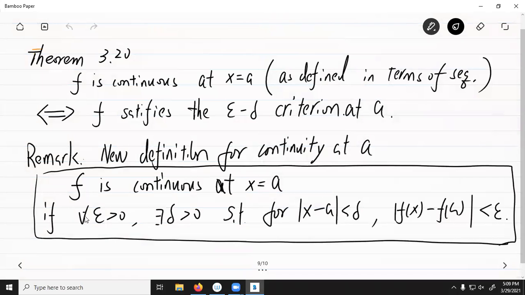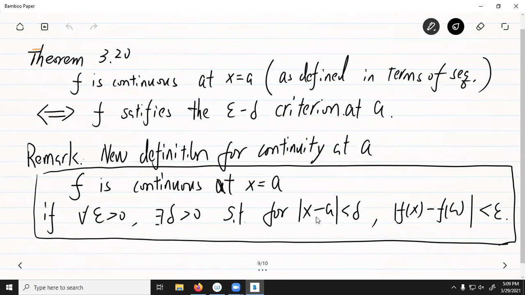This is the epsilon delta language. Before, it was for any x in this interval, so now it becomes for some x in this interval. For any epsilon greater than 0 becomes there exists some epsilon greater than 0. There exists a delta greater than 0 becomes for any delta greater than 0.